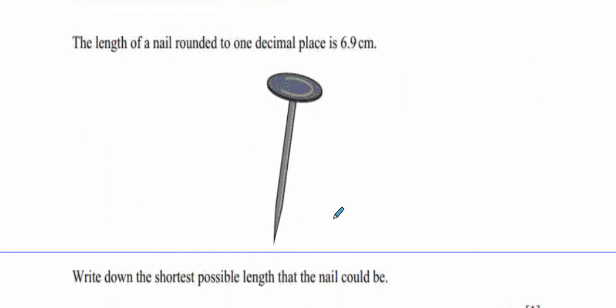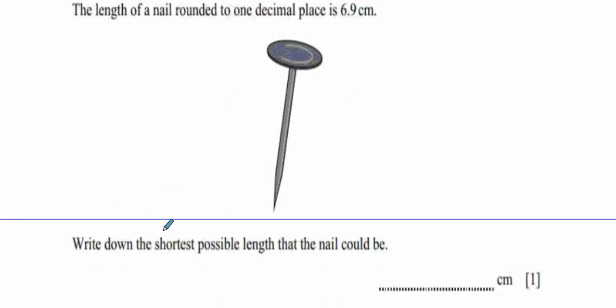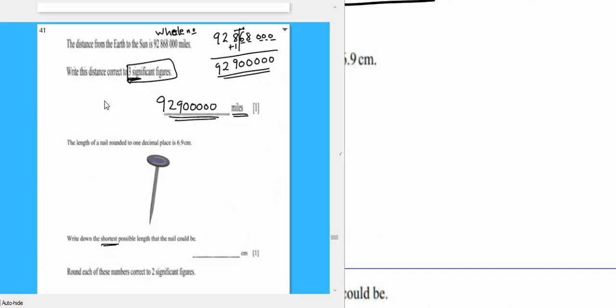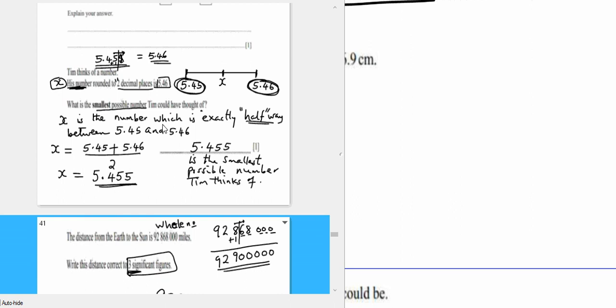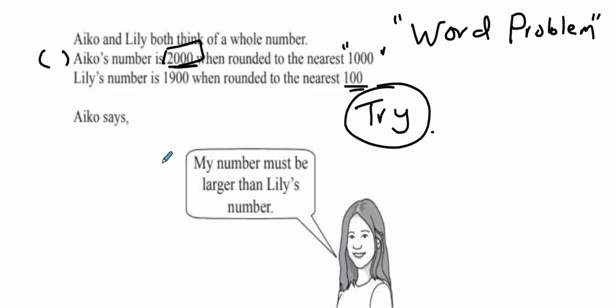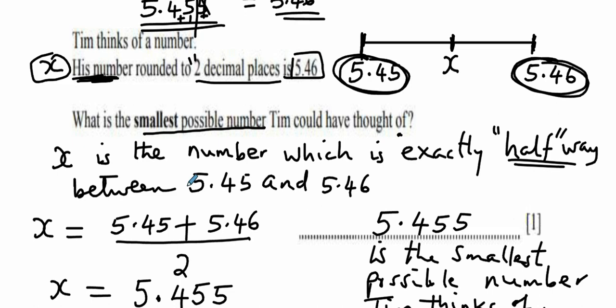Okay, the length of a nail rounded to 1 decimal place is 6.9. Write down the shortest possible length. This question is similar to this question here.